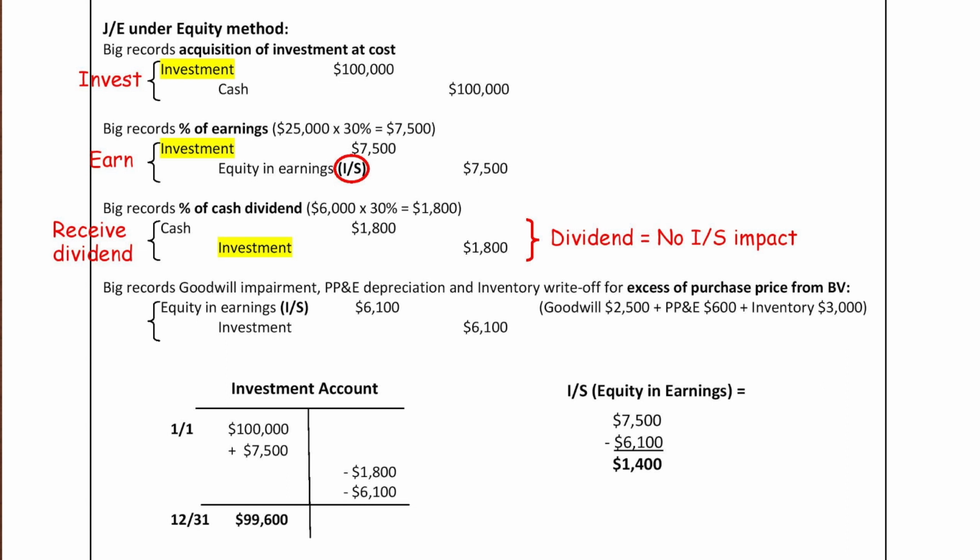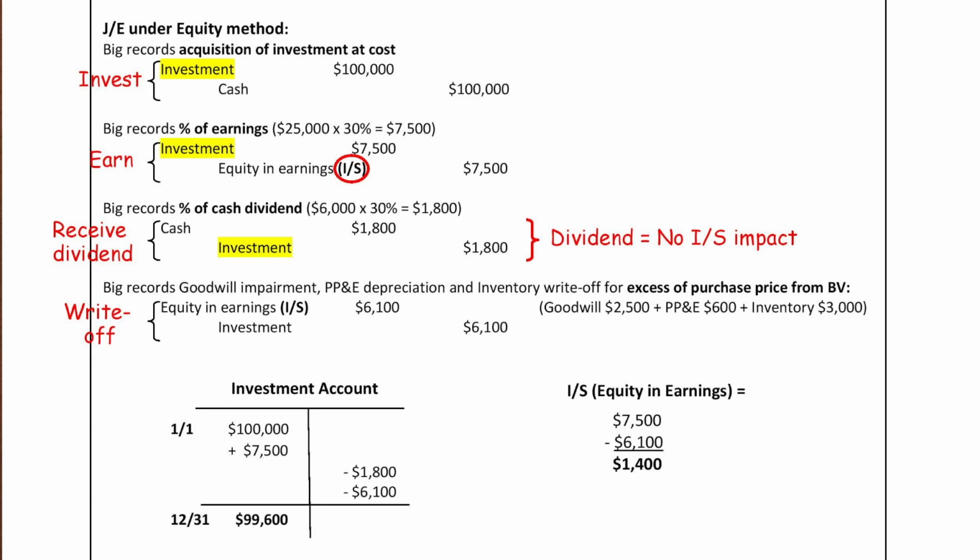And now we need to look at write-offs. When we look at write-offs, we are looking at the difference between the book value of the investee and the purchase price paid by the investor. In this example, the difference attributes to land, PP&E, inventory, and of course, goodwill.